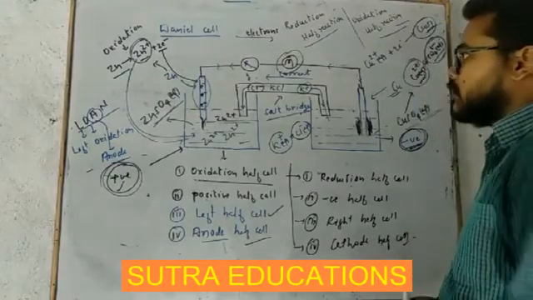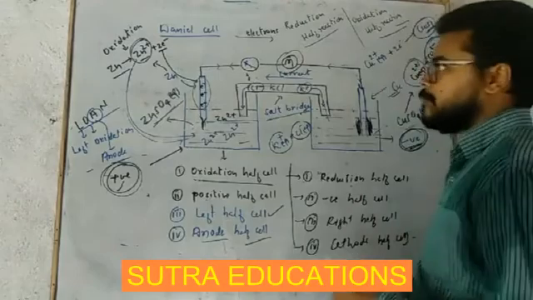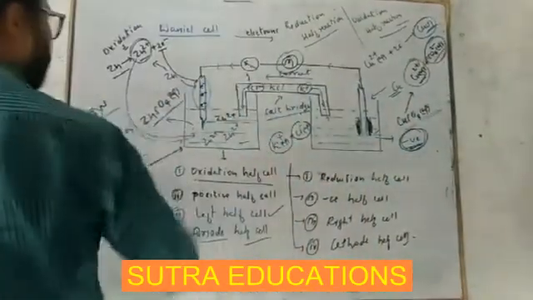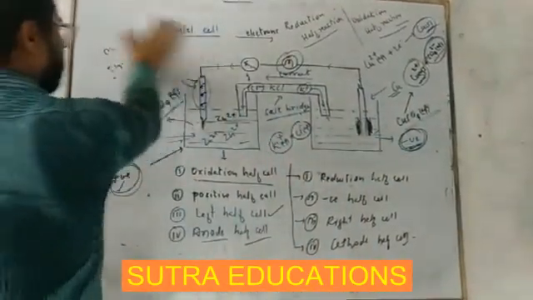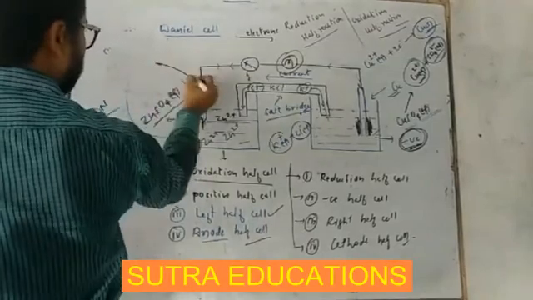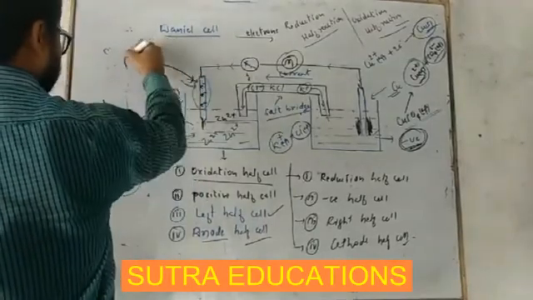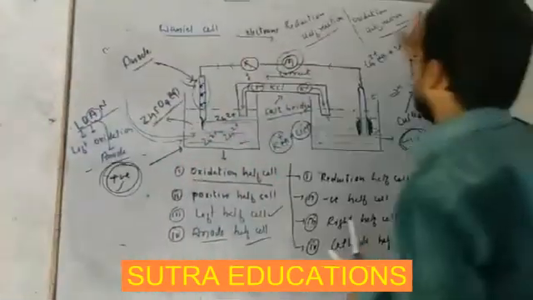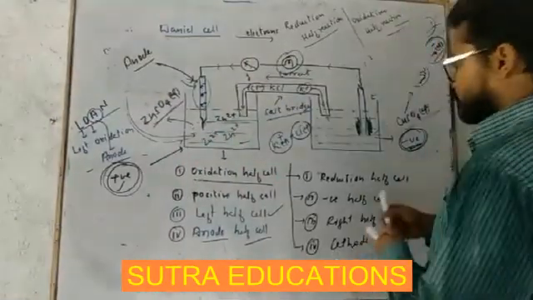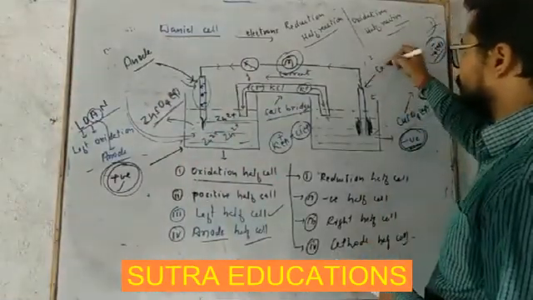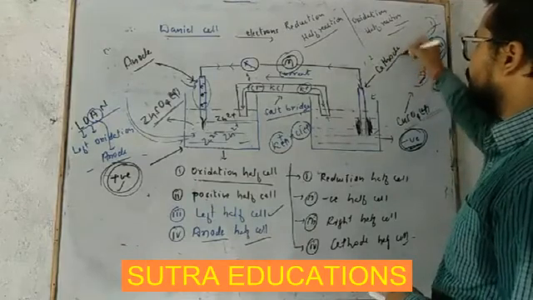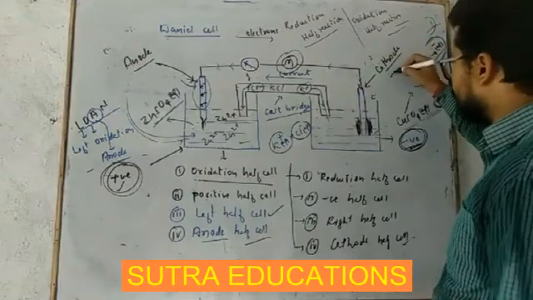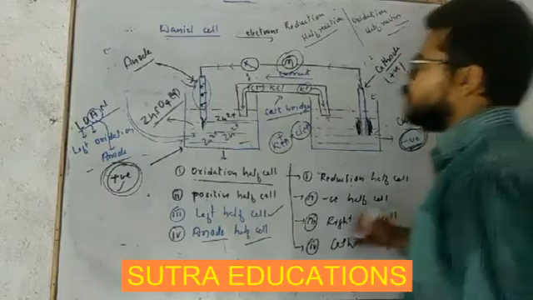So this is called cathode, this is anode, and this is cathode here. And cathode is taken as positive, anode is taken as negative.